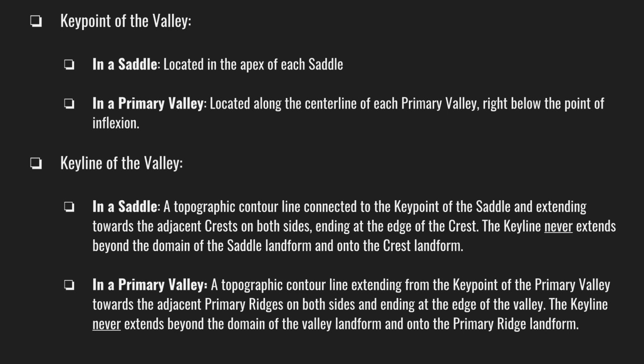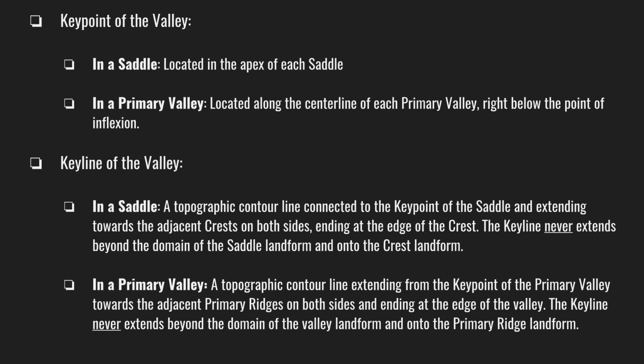Key lines, on the other hand, are again stemming off of a key point, so they are always found in a saddle or in a primary valley. In saddles, they are a topographic contour line that extends from the key point in the saddle towards the adjacent crests on both sides, ending at the very edge of the saddle formation.